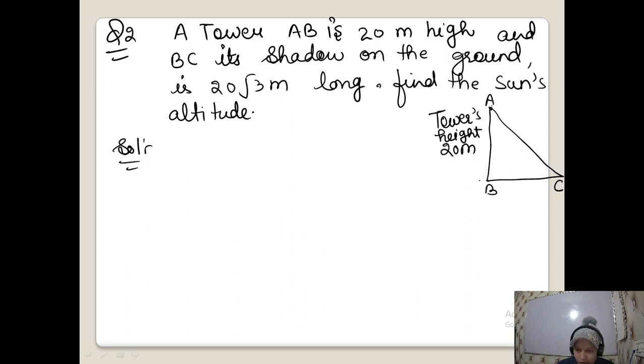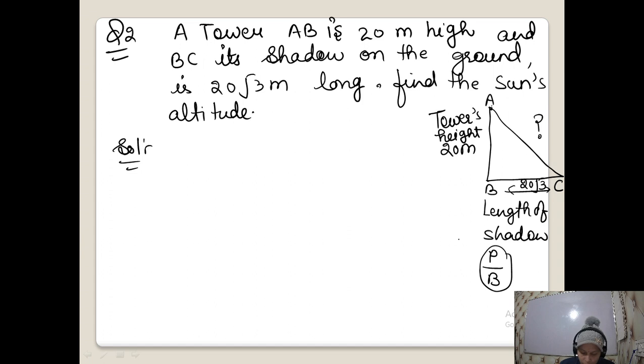BC is the shadow on the ground, the length of the shadow, that is 20 root 3, and we have to find the altitude of the sun. Now you can see we have been given P and B, and P over B is the formula of tan. We have not been given any theta.